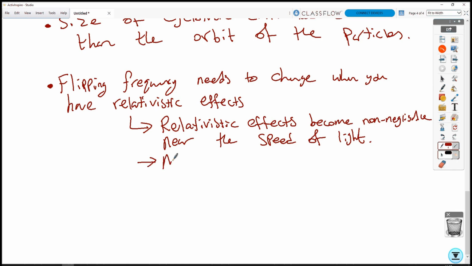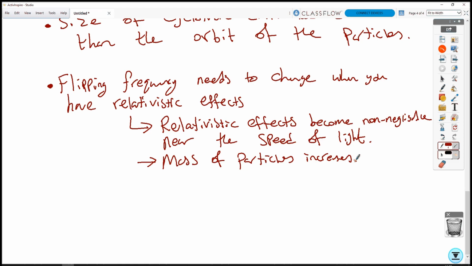And that basically means the mass of particles increases, and when the mass increases, well now, according to that equation, if mass is now a variable, then f needs to be a variable. So that poses a problem.